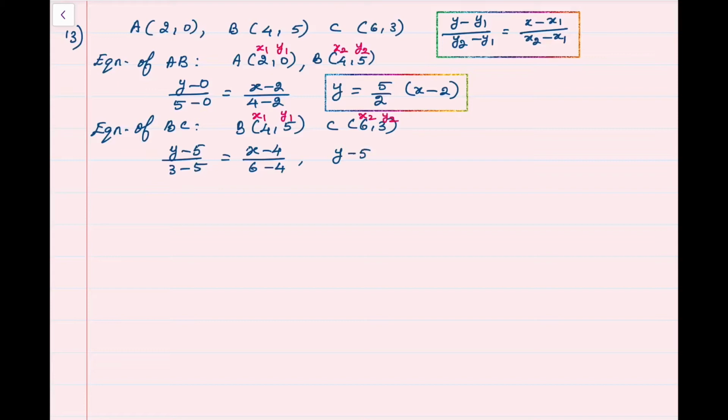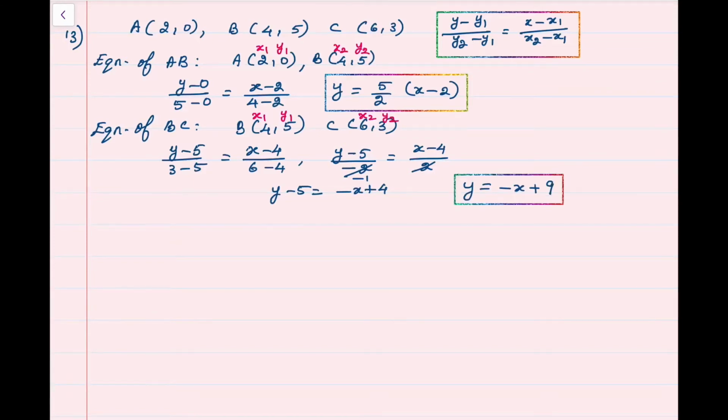Y minus 5 divided by minus 2 is equal to x minus 4 divided by 2. Y minus 5 is minus x plus 4. We get y as minus x plus 9.